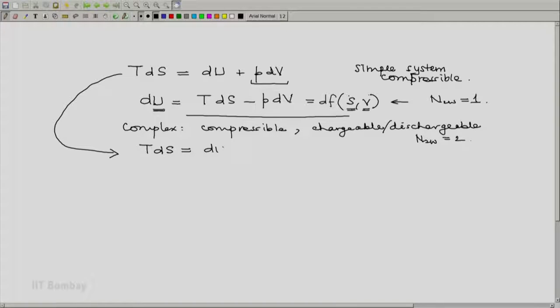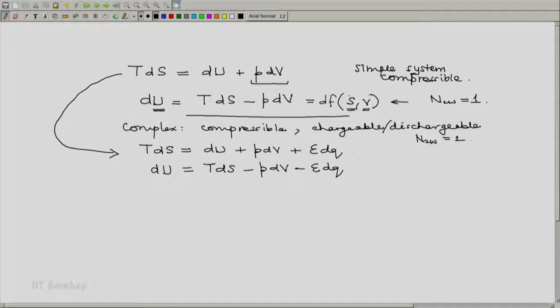So this will be dU plus PdV plus E dq, where E is the potential and q is the charge. Again turning it around, we will say dU equals TdS minus PdV minus E dq, and again the left hand side is an exact differential, so the right hand side must also be an exact differential.